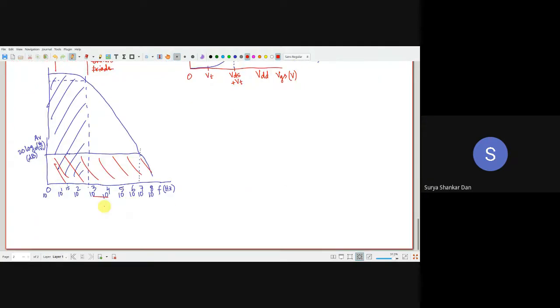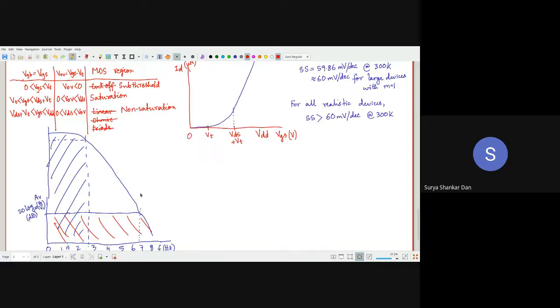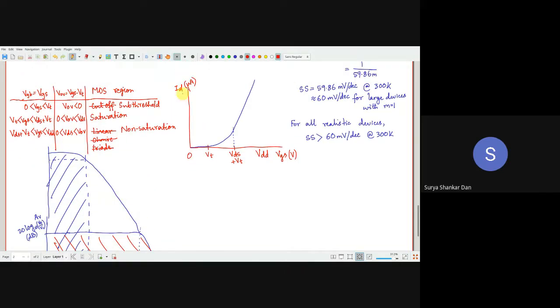Here, the log was on the x-axis because we wanted to extend the range in the frequency axis. Here we want to increase the range in the current axis. इसको हम log में करेंगे. So previously on this plot what we have seen, 0 1 2 3 4 like this.